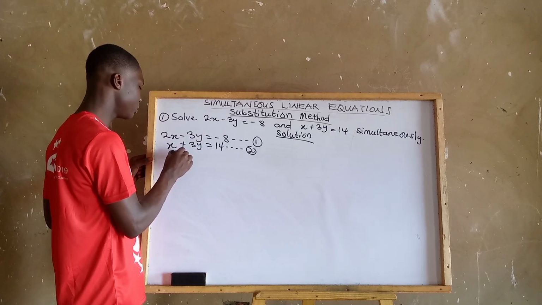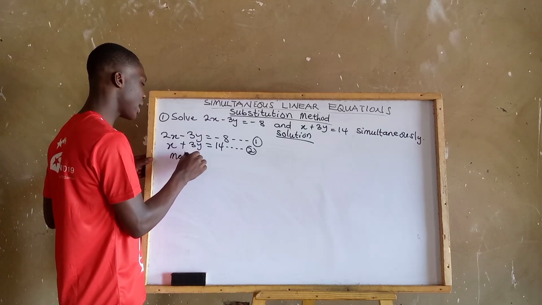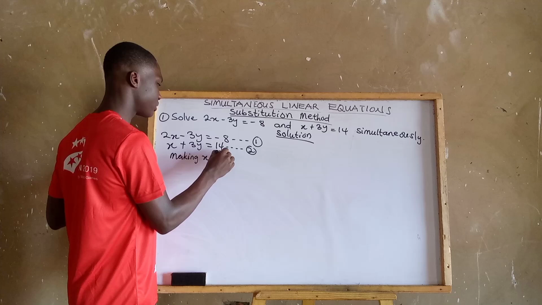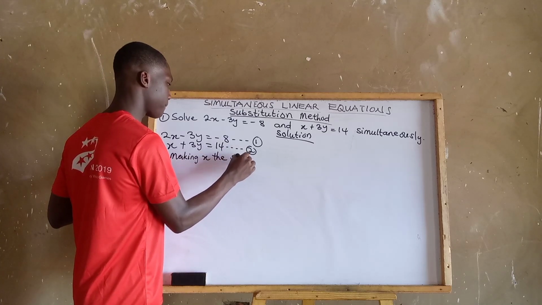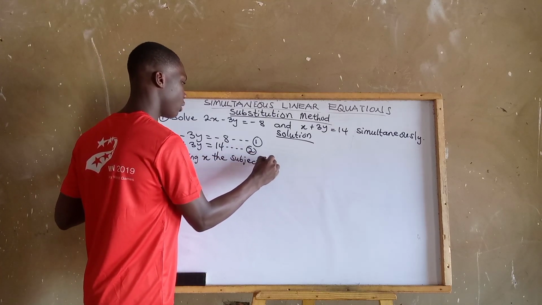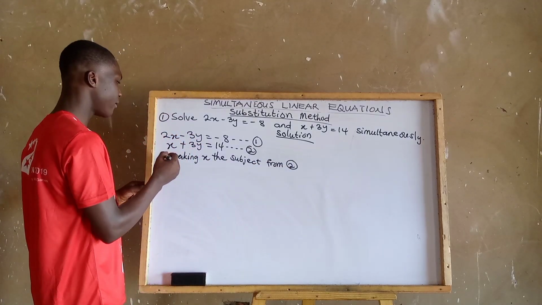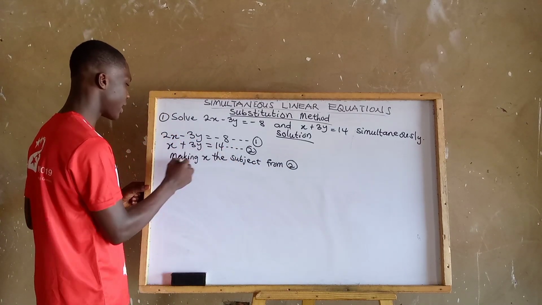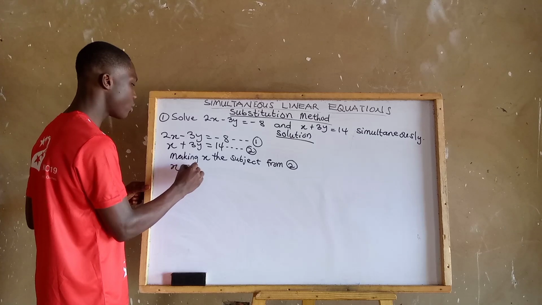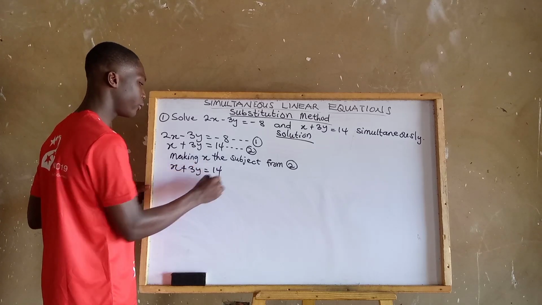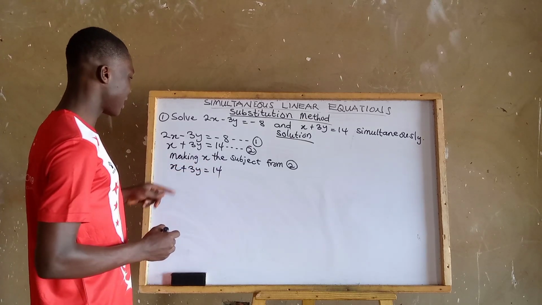Making x the subject from equation 2, we have x plus 3y is equal to 14. Let's make x the subject.